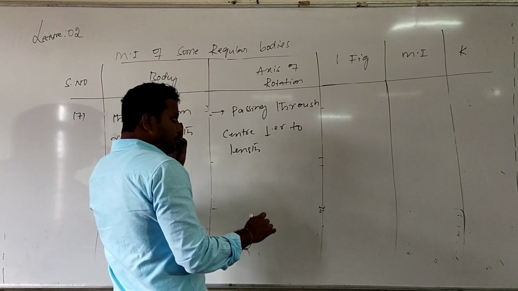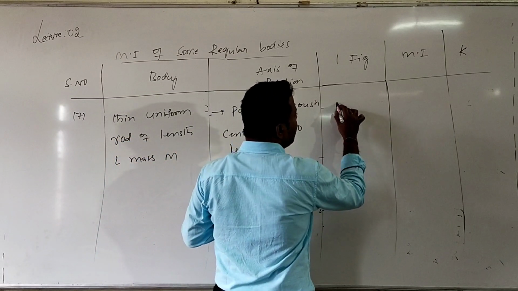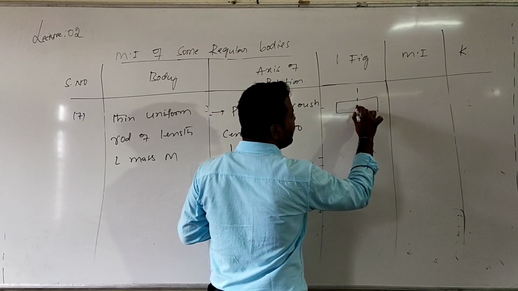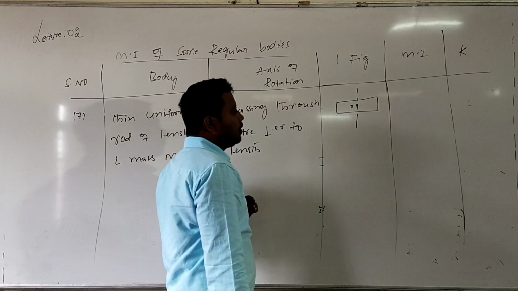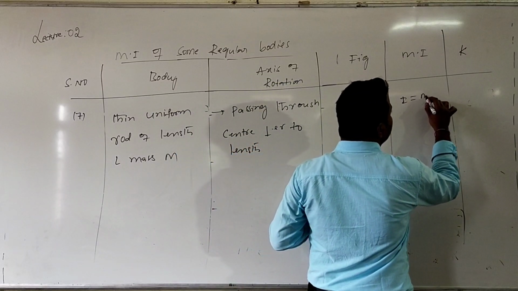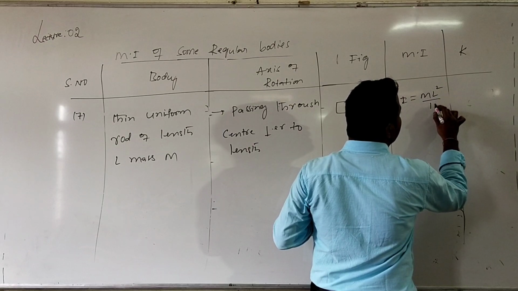What is the diagram? This is a rod of length L, about an axis passing through the center perpendicular to its length. The expression for moment of inertia I is equal to ML square by 12.